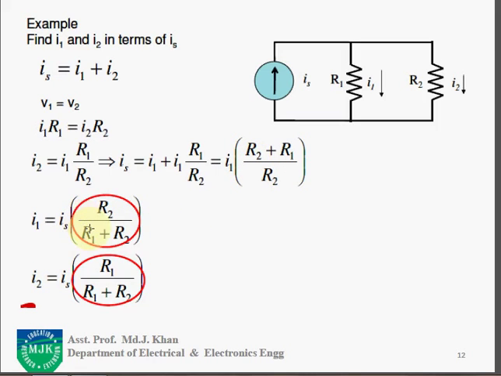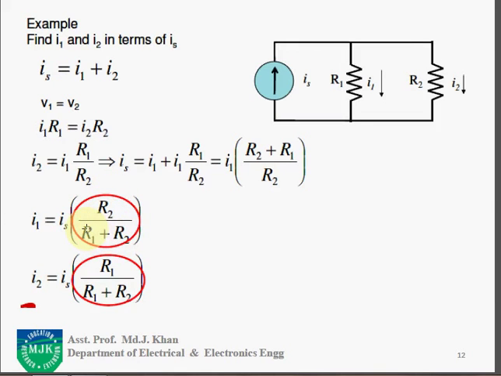Similarly I can get both equations. You can see clearly how I found these two branch current equations. I can directly find the currents in these two branches, I1 and I2, but I must know at least one current. In this equation I know IS and all the values of R1 and R2.